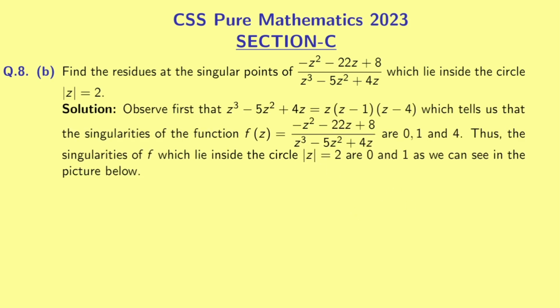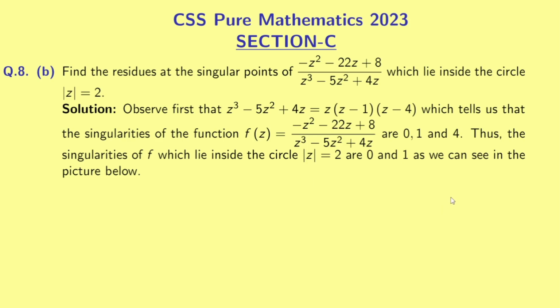First, we take a look at the expression which defines the function. It's a rational expression, so I look at the denominator. We can factor the denominator as z times z minus 1 times z minus 4. This tells us that the singularities of the function, which I'm calling f, are 0, 1, and 4.